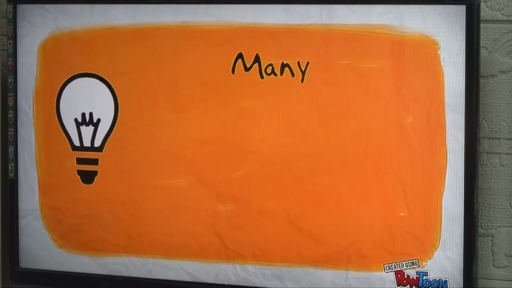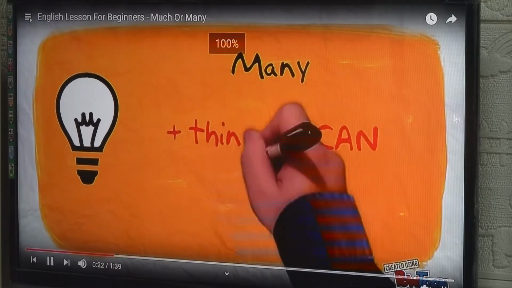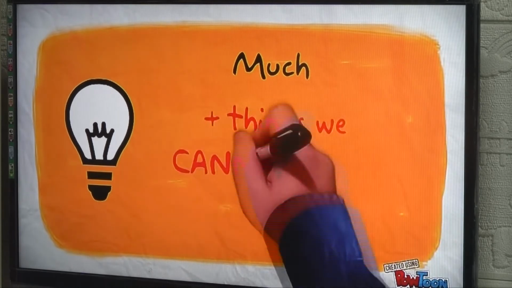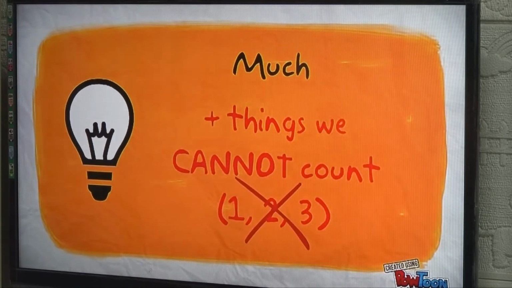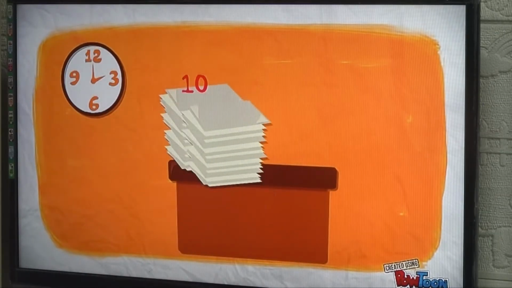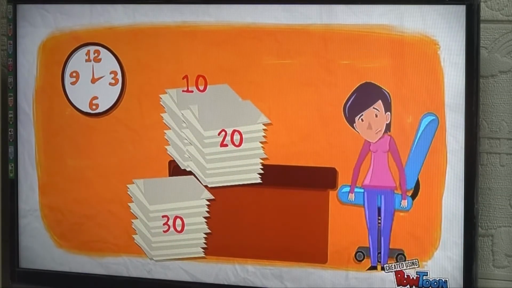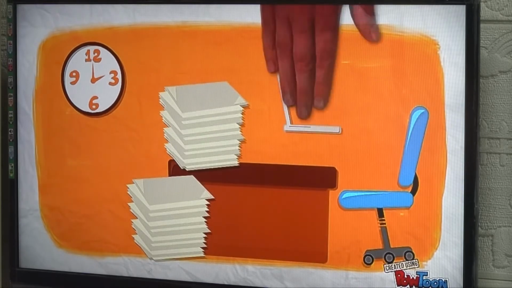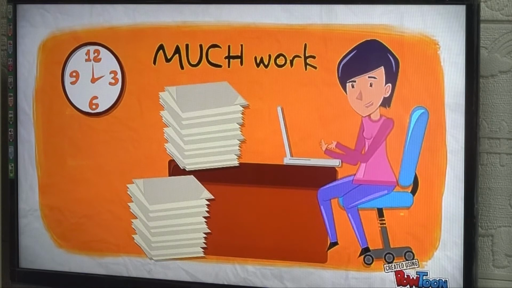Remember, we use many with things we can count and much with things we cannot count. There are so many papers. I have so much work.